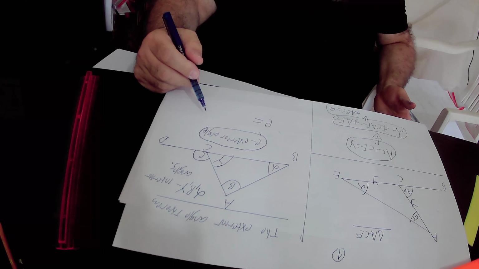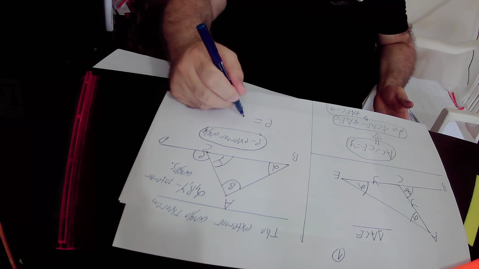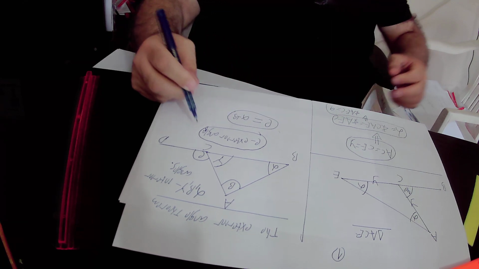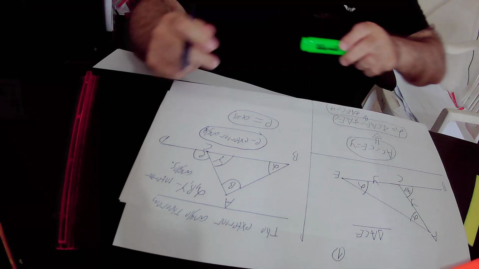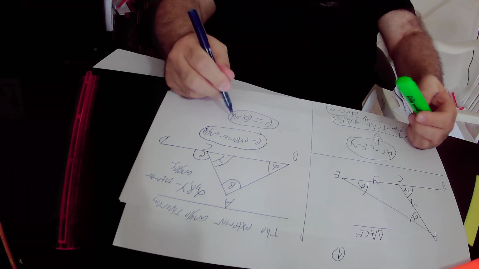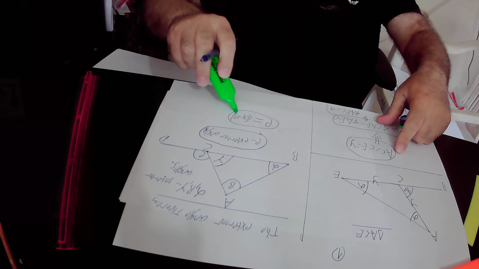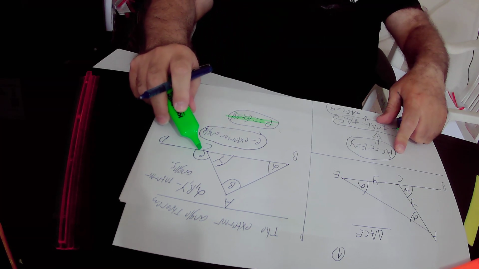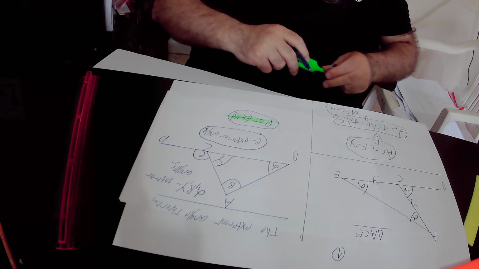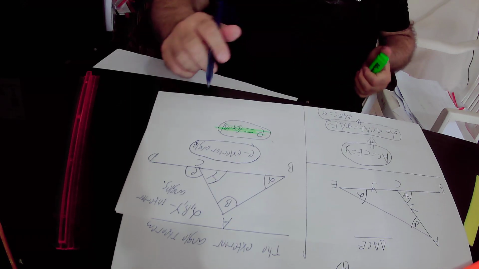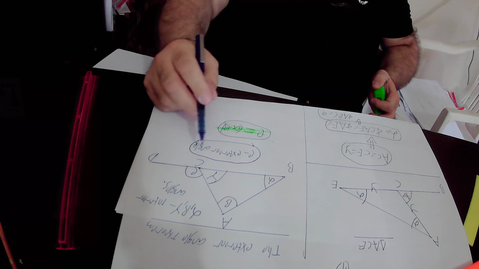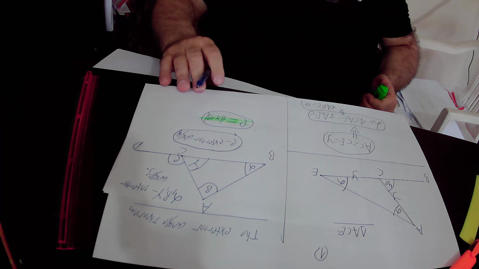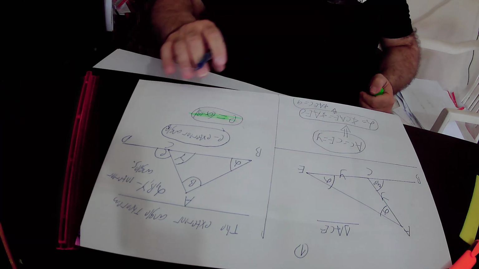So in conclusion, the value of the exterior angle E equals alpha plus beta. Now we can implement the exterior angle theorem in our triangle ACE.